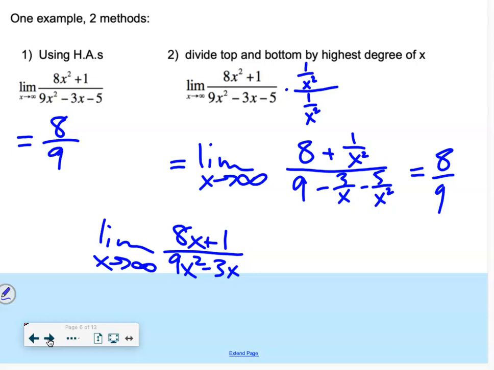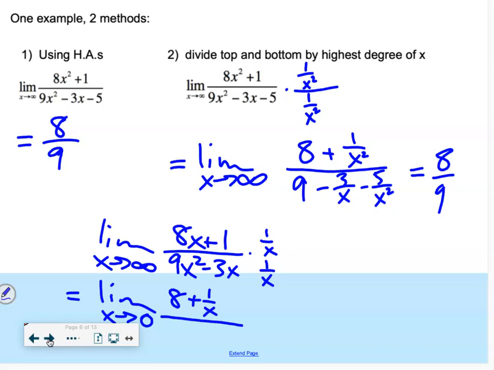So times 1 over x, on top we get 8 plus 1 over x, over 9x minus 3, right? 8's going to stay 8. 9x is going to infinity. This thing's going to be 8 over infinity. What's 8 over infinity? It's 0, right? So you kind of finagle a little bit with your multiplying and your dividing. But anyway, that's kind of the why.